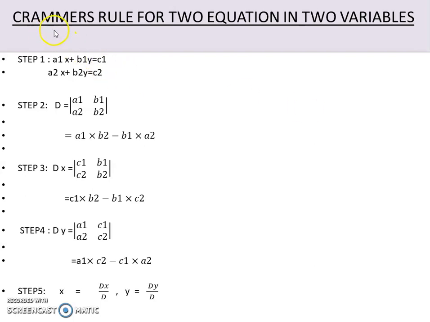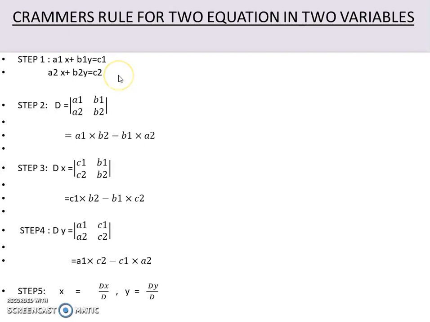Cramer's rule for two equations in two variables. So what is meant by two equations and two variables? Here a1, b1 are the coefficients of x and y. In the second equation, a2 and b2 are the two coefficients of x and y, where x and y are variables, and c1 and c2 are the constants of the given two equations.